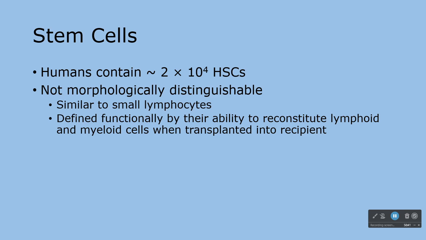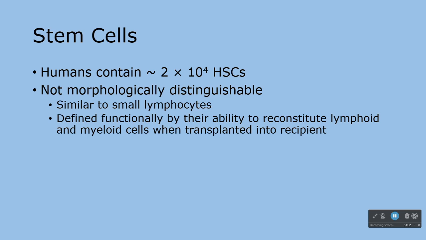Does that make sense? So that's what gives us our diff: neutro, eo, baso, mono, lymphs. Okay? And now you get something that's called immature.